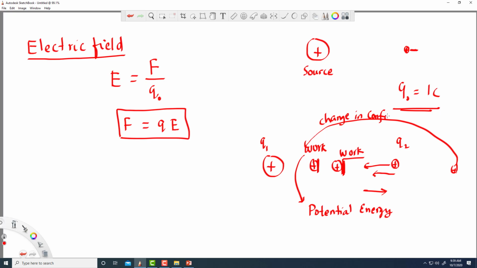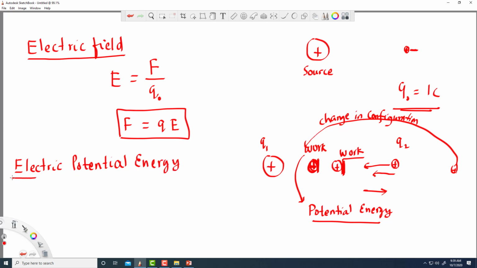and when I change the configuration, the energy I get by changing the configuration is what we call potential energy. So the energy possessed by this charge due to the change in configuration is called electric potential energy. It's the same kind of energy that we talked about in gravitational field or gravitational force, but here it's potential energy due to the charge.